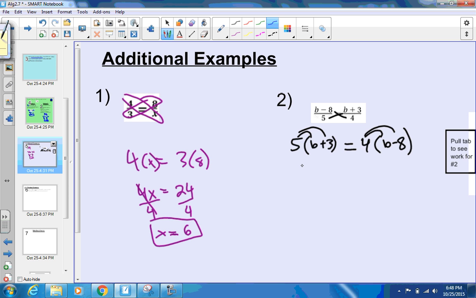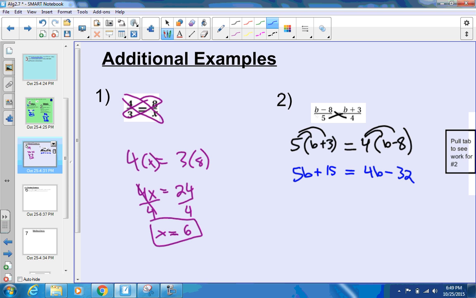So the 5 times the b is 5b, the 5 times the 3 is 15. Right side, 4 times b is 4b, minus sign, 4 times 8 is 32. Okay, there's no like terms on either side that we could combine. So now we're going to try and get the variable to the same side.